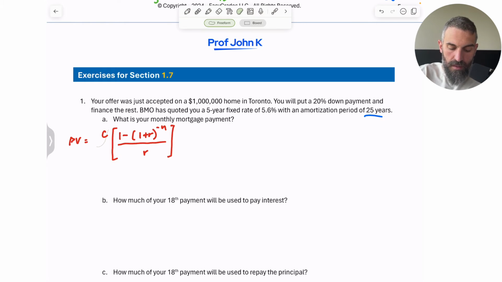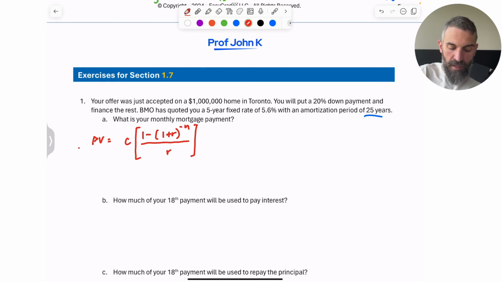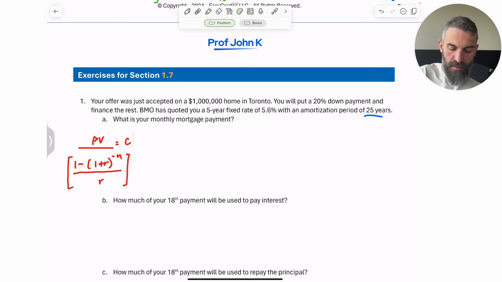Okay? But you're solving for this. So what you can do is basically rearrange this formula and bring that entire bracket underneath the present value. And that's what you'll get.